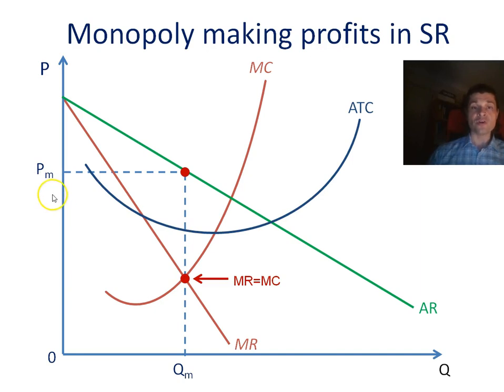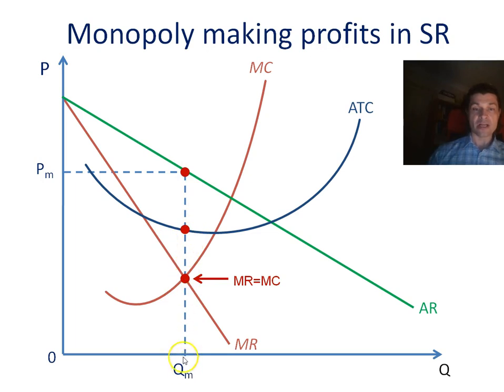Now, in order to find the profit that the monopoly is making, we need to draw the average total cost curve. Note that the lowest point on the average total cost curve is always sitting on marginal cost. And if I want to show a profit-making monopoly, I will need to draw the average total cost curve below the average revenue curve at the level of output QM.